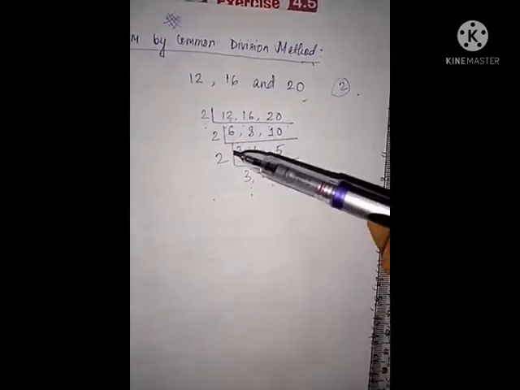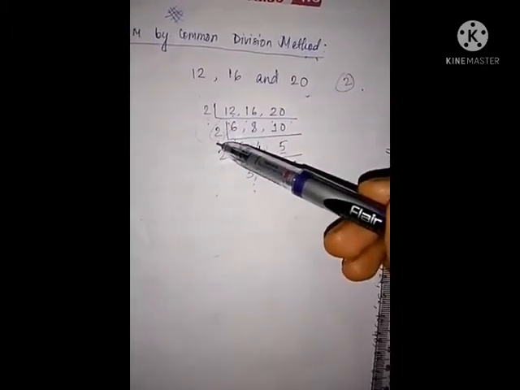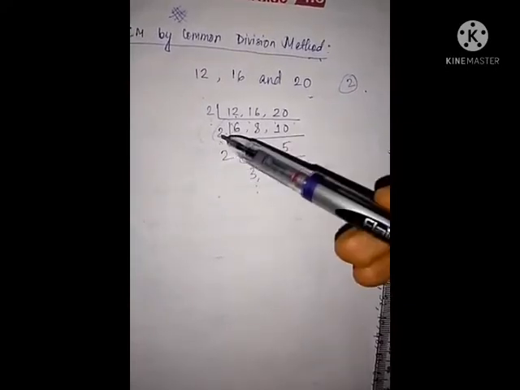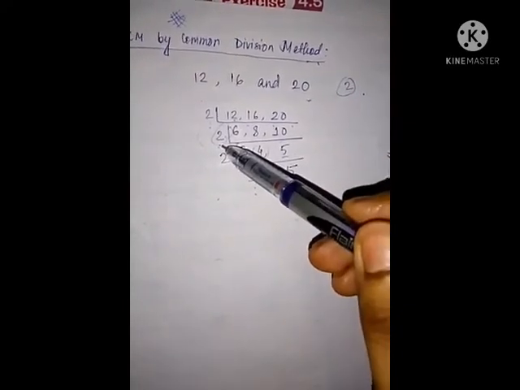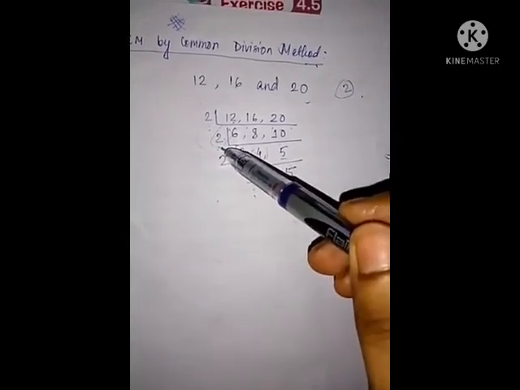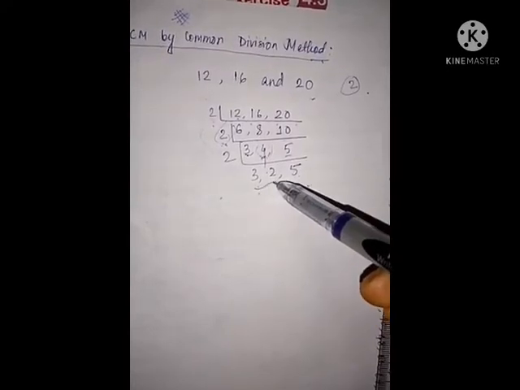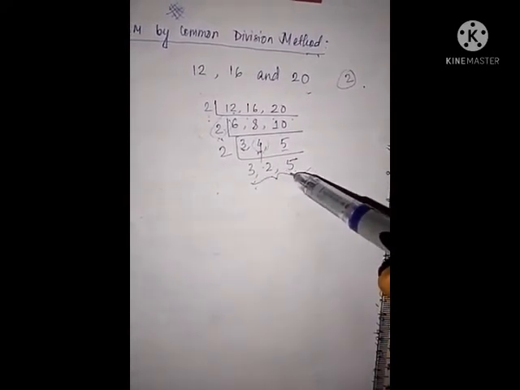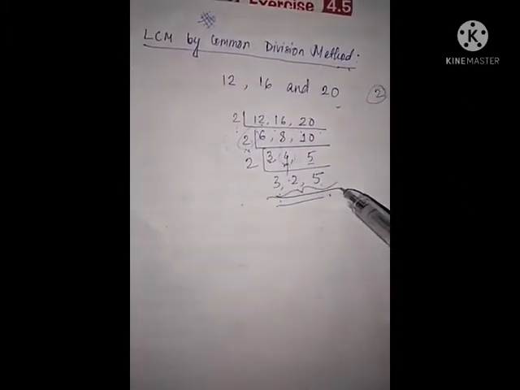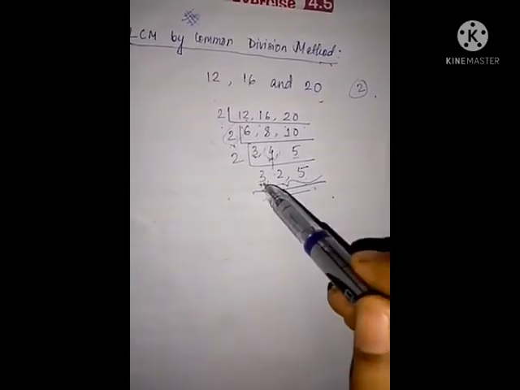I have used the smallest number 2 because all the numbers are divisible by 2. I continue this division till the last row contains prime numbers or co-prime numbers. So in the last row, we have got all the prime numbers.